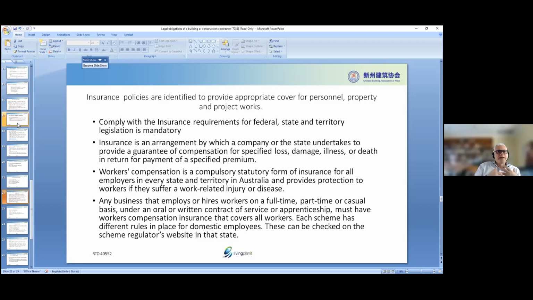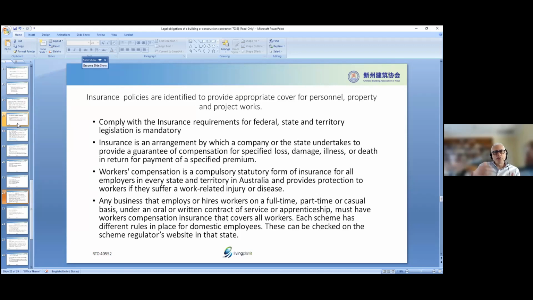So we might have different requirements by each of those levels of government, but certainly there is insurance that's statutory, that is part of legislation, such as workers' compensation insurance. It's law, we have to have it. Public liability is law too. We have to have that in case somebody who has come from the street walks onto our work site and gets injured.